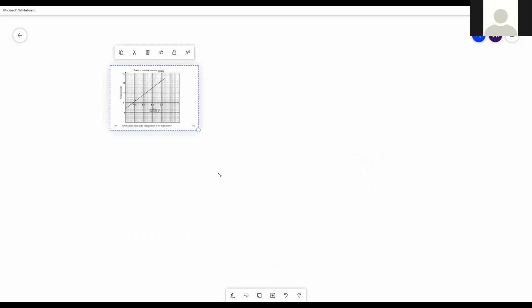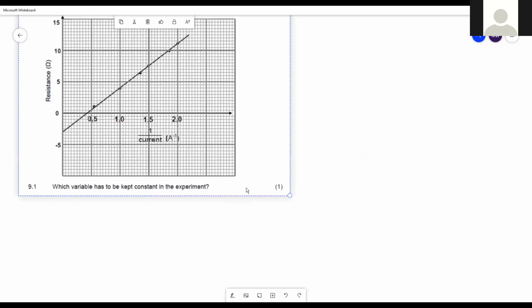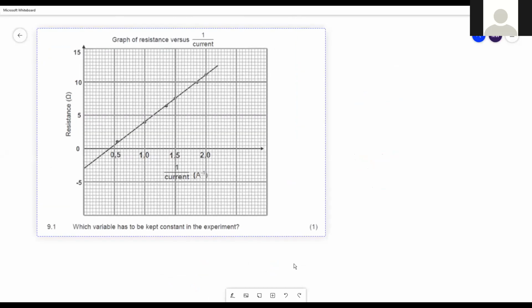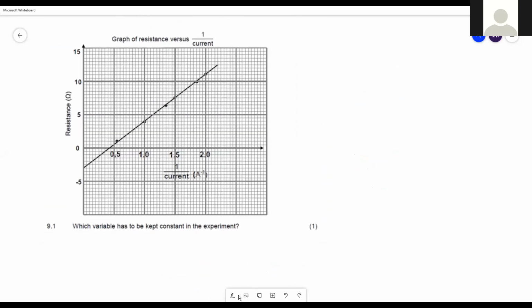Okay, so what they are asking, if we are working with the formula, R was equal to epsilon over I minus r. They are asking you what is r, small one.